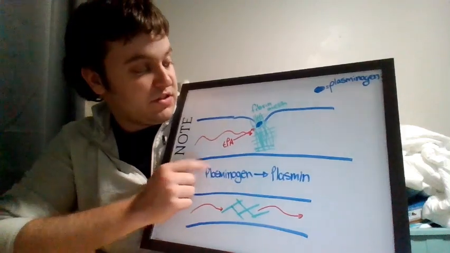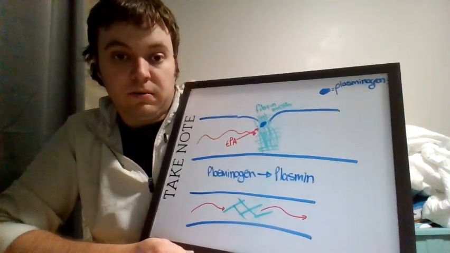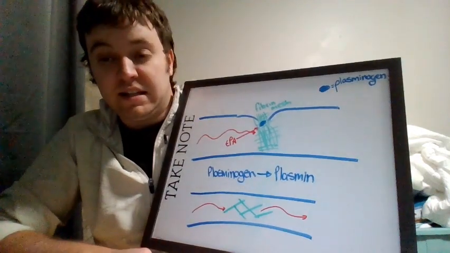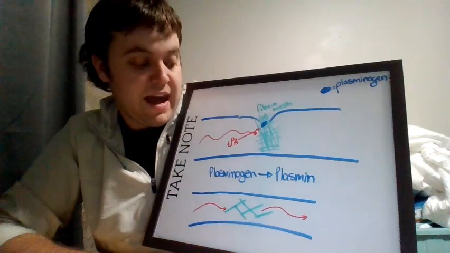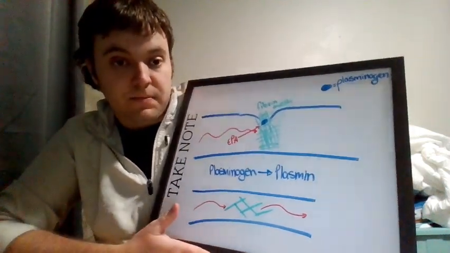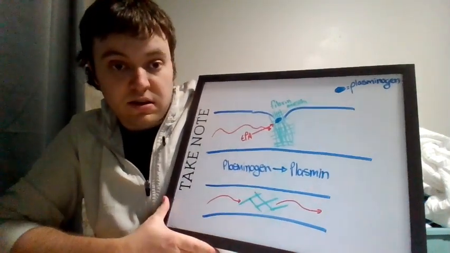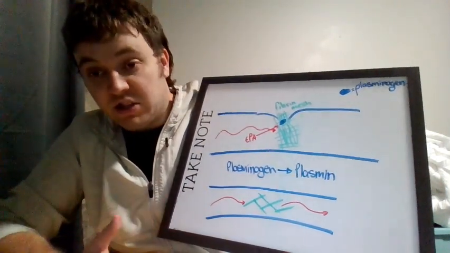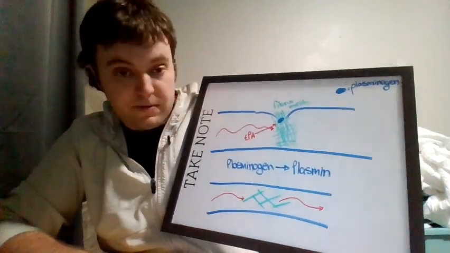And so plasminogen, which is found within the fibrin mesh, is activated by TPA, or tissue plasminogen activator, which then forms plasmin, an enzyme that digests fibrin and dissolves the clot.